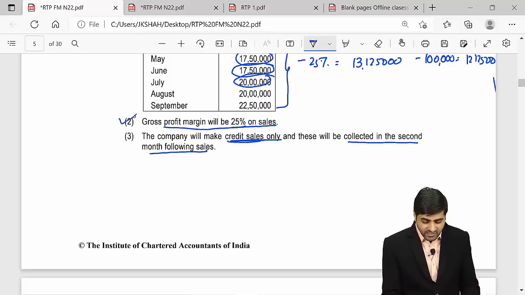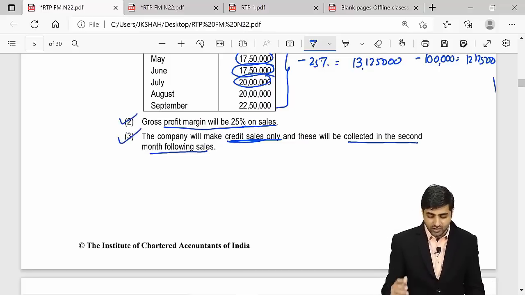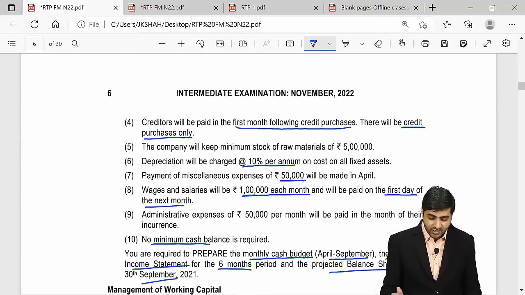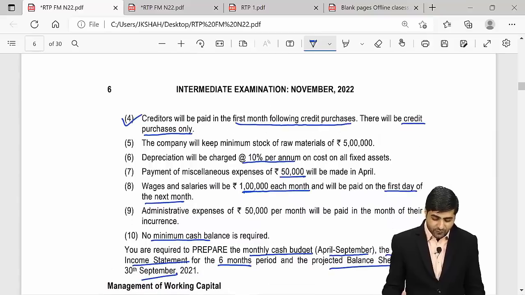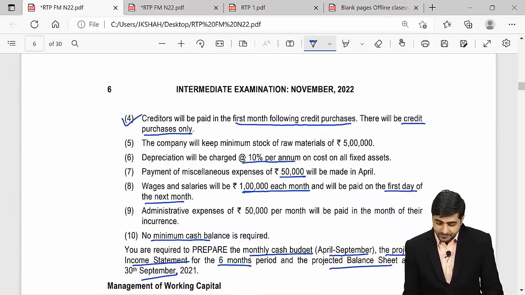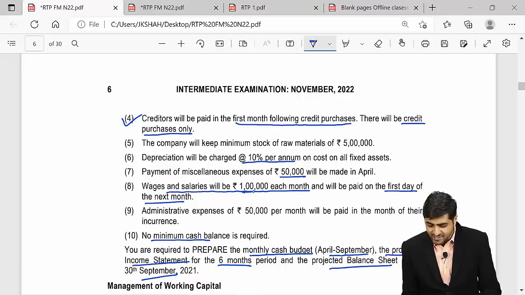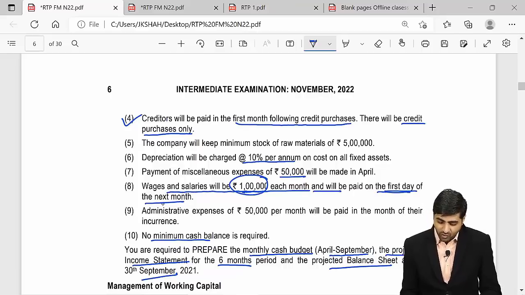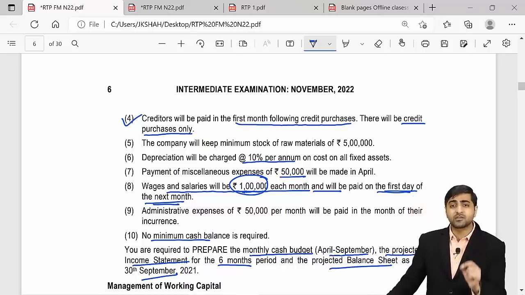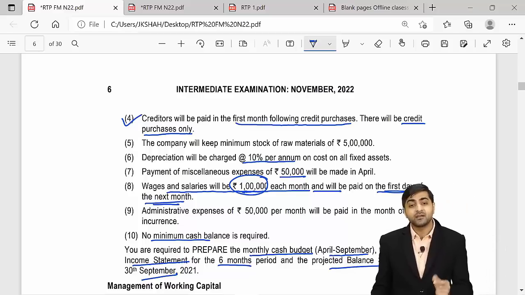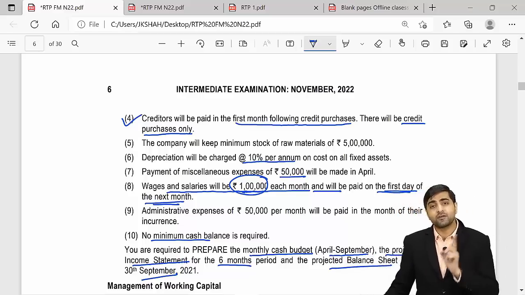So basically your second point is taken into consideration, your third point, and also your fourth point, which is with regards to your creditors. Now if you continue further, they have told you that wages and salaries will be rupees 1 lakh each month, and it will be paid on the first day of the next month. So whatever is the wages for April, we are going to pay that in May.